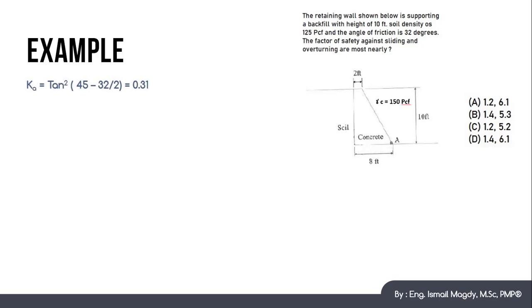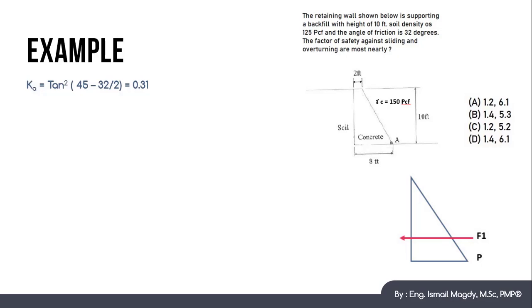We will start by calculating Ka, the coefficient of active pressure, which equals tan square 45 minus phi over 2, which is 32. So this will equal 0.31. So the soil active pressure behind this wall will look like this in this triangle.